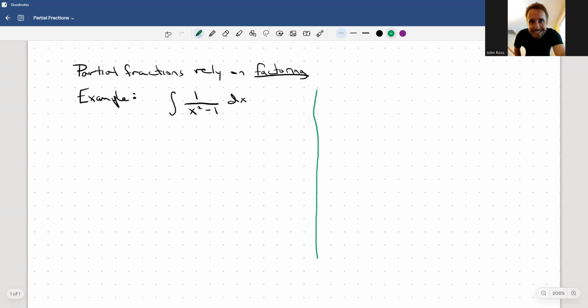Partial fractions will ask us to look at this expression, 1 over x squared minus 1, and to rewrite it using some factoring and some algebra strategies. We can do this because each of the pieces, the numerator and the denominator, are polynomials. And so our factoring and our other algebraic strategies that work on polynomials will work in this case.